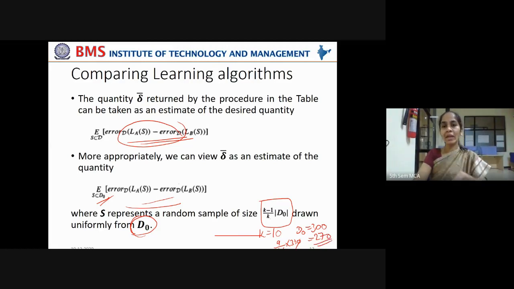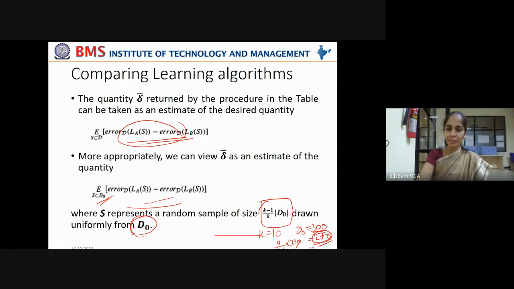Means always 270 data points in the sample are taken for training. Did you notice? Every partition is having 30 data points and 9 partitions are always taken for training. So it is 9 into 30, you will get 270 data points taken for training and 30 data points taken for testing in each iteration.